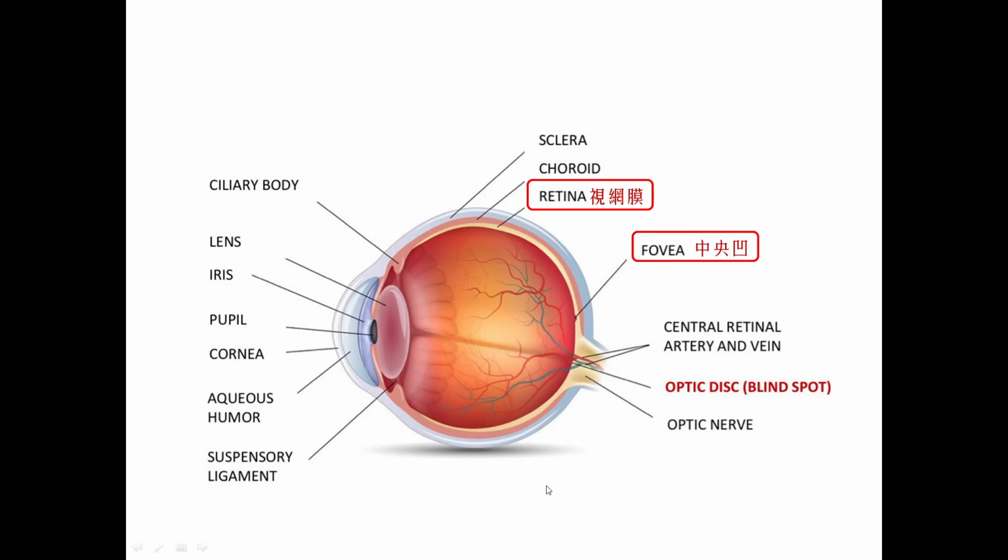The fovea, an area near the center of your retina with the highest resolution vision, has the smallest receptive fields and the highest number of photoreceptor cells. Areas of your retina dedicated to peripheral vision have larger receptive fields, and therefore lower resolution viewing.